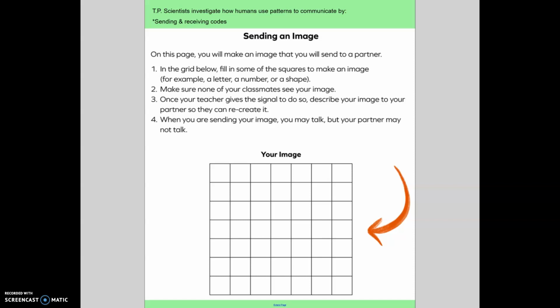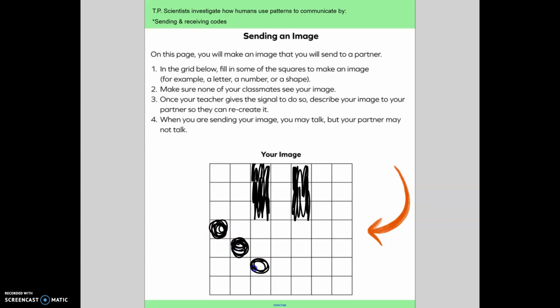So I'm going to go ahead and color in my code or my image. Okay, I think I want to make a smiley face, and this is gonna be a little messy. Here's the eyes. Okay, and then I want to make the mouth, but I have to fill in the whole square.